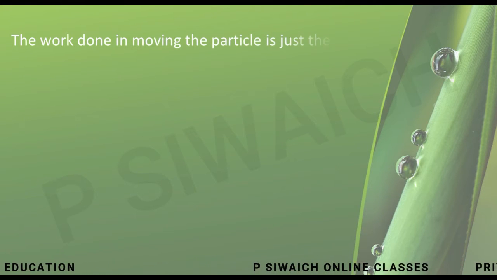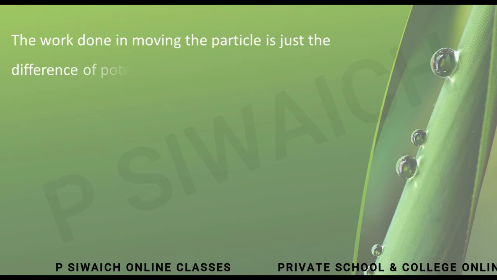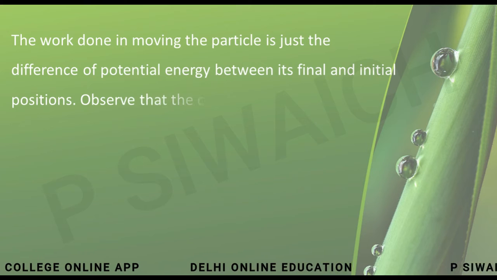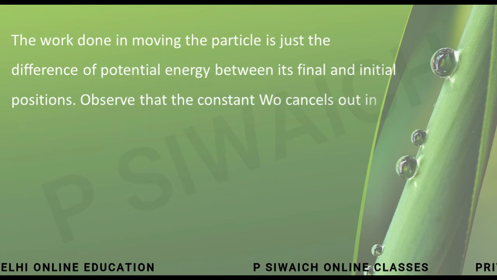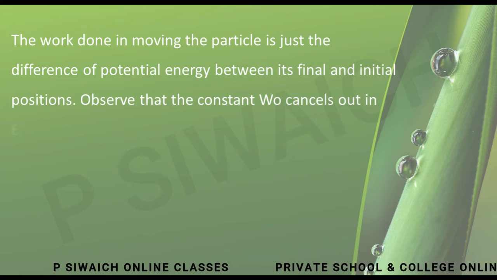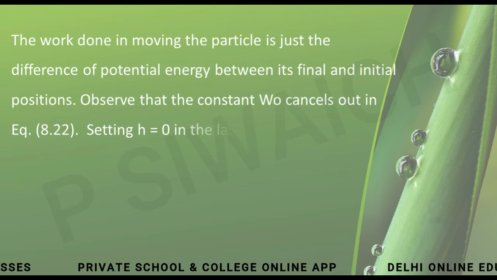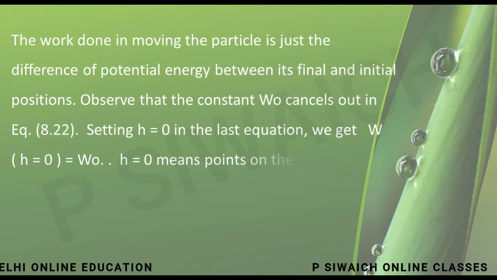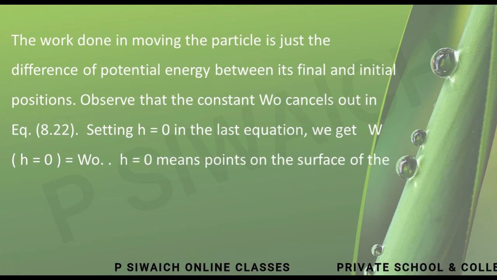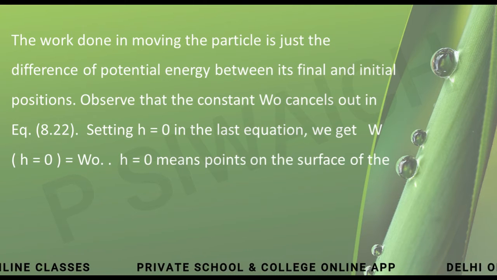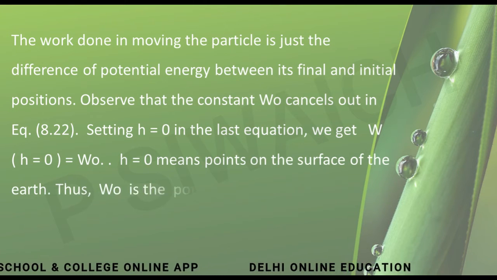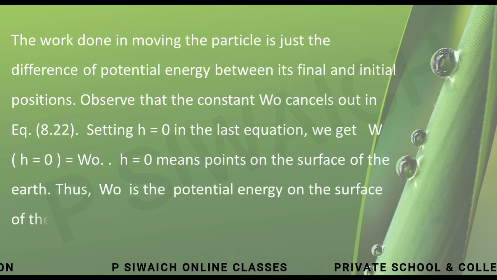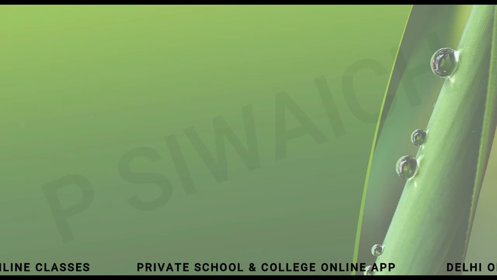The work done in moving the particle is just the difference of potential energy between its final and initial position. Observe that the constant W0 cancels out. Setting h equals 0 in the last equation, we get W(h=0) equals W0. h equals 0 means points on the surface of the earth. Thus, W0 is the potential energy on the surface of the earth.